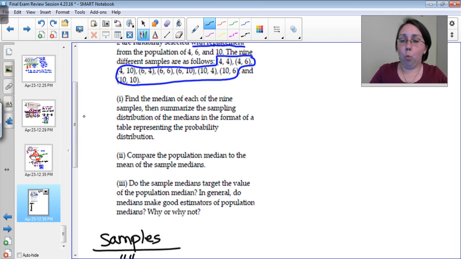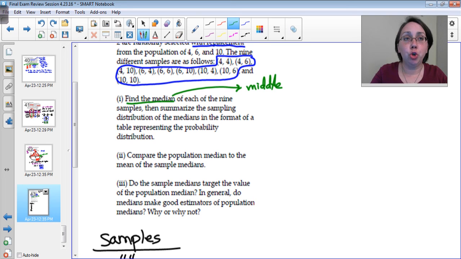All right, part 1. Find the median of each of the 9 samples. How do you find a median? In this case, you're right. You find the middle number, but because there's 2 numbers, the middle is actually the same as your mean.